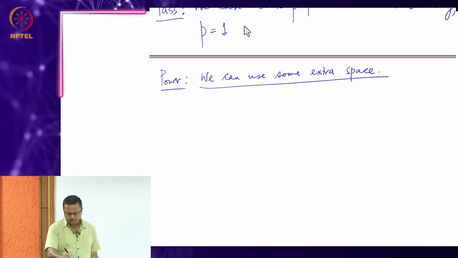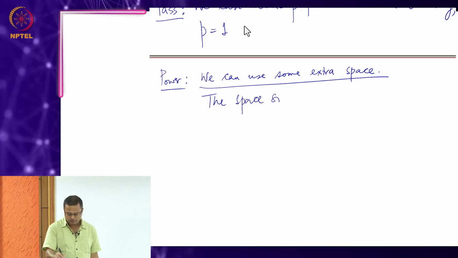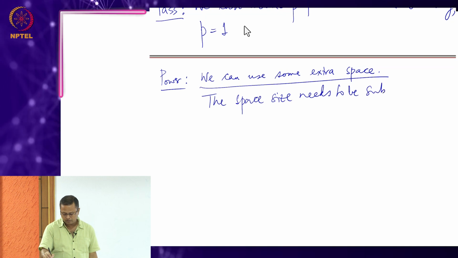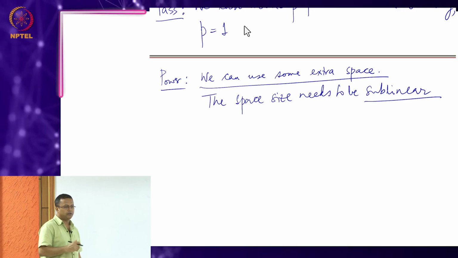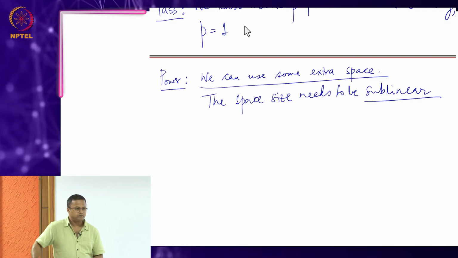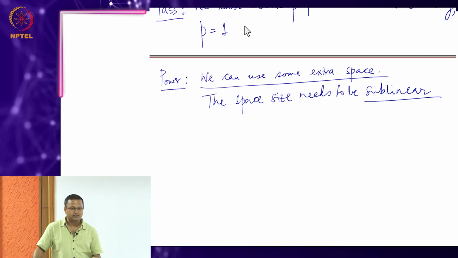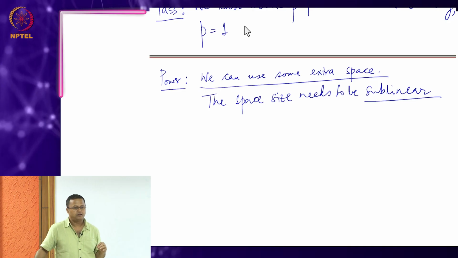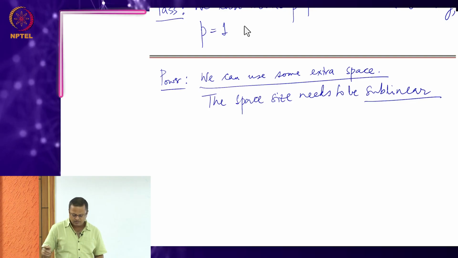And obviously, sublinear, because if I allow you linear space, you will store the entire data, right. If the router is allowed linear space, it will store everything and then it can compute anything. So, the holy grail is sublinear space.